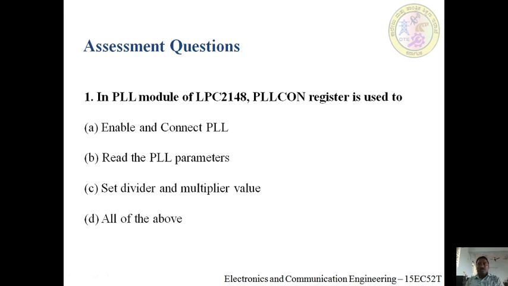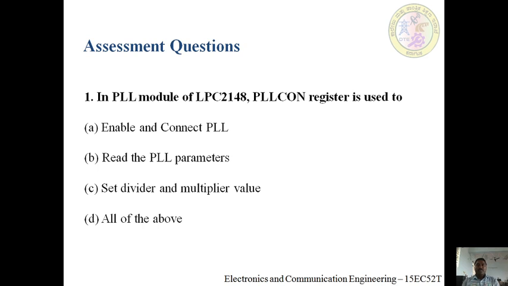Okay, let's move on to some assessment questions based on these four registers: the PLL con register, PLL configuration register, PLL stat register, and PLL feed register. Just remember, the PLL control register, that is the PLLCON register, contains only 2 bits, PLL connect and PLL enable.